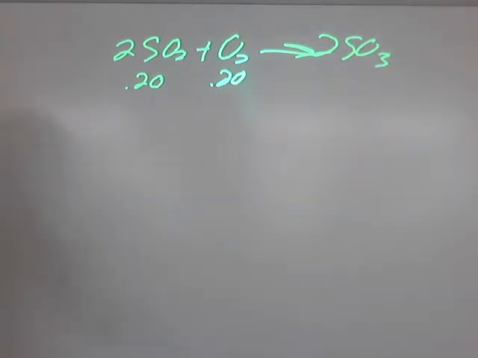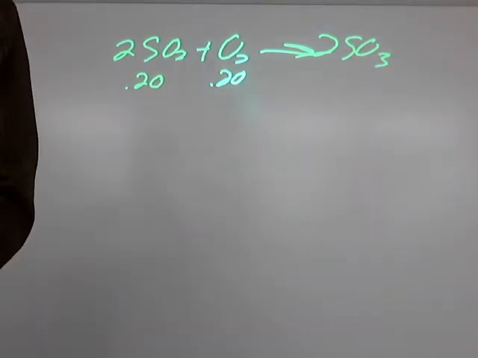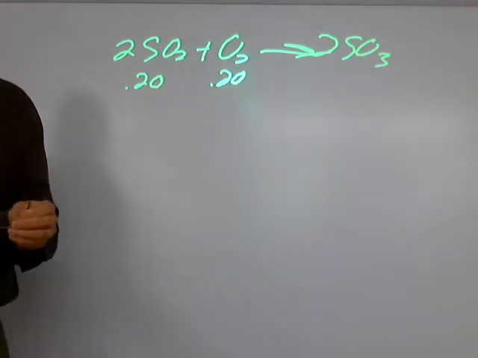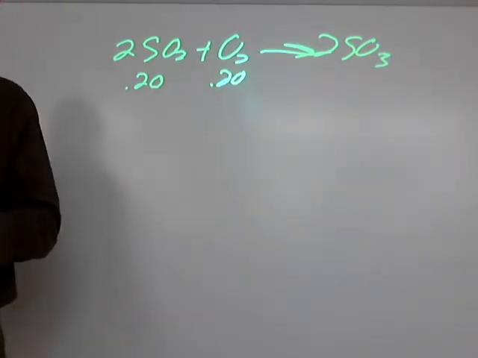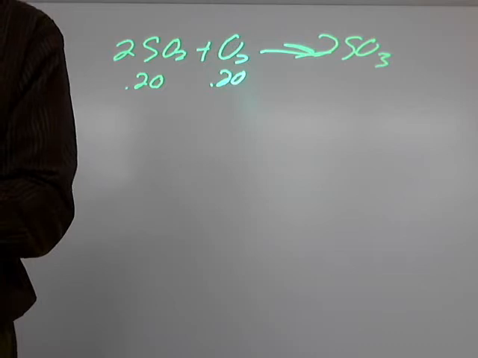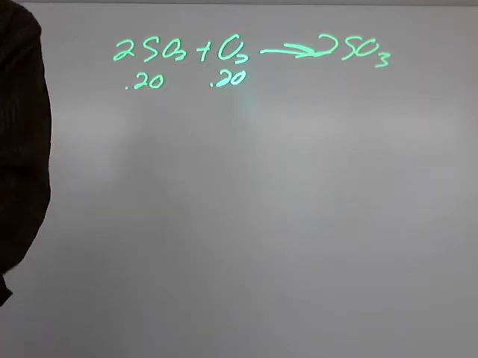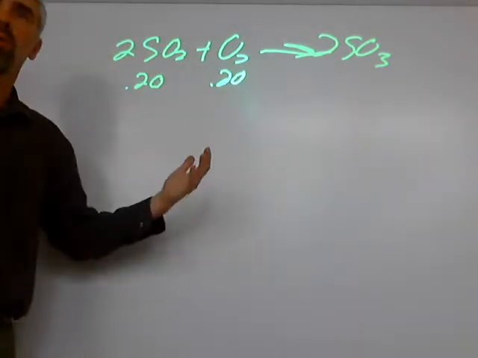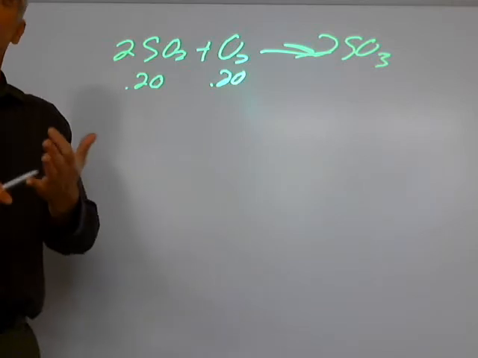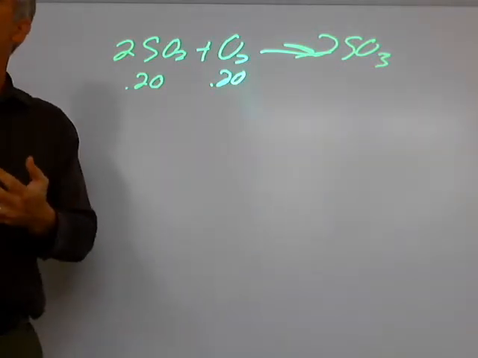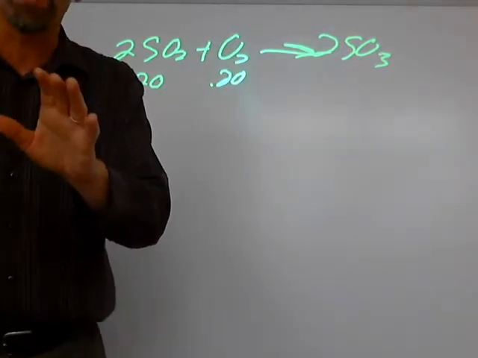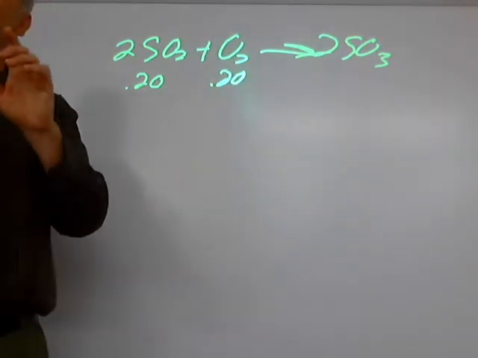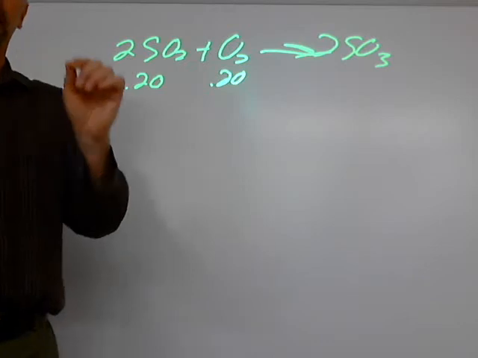Now, you can do everything right in this problem. I did it when I first did this problem, and I got it wrong because I forgot something. It's a classic example of how these are trick questions, and they really are. A question like this is trying to gauge your understanding of stoichiometry and limiting reactants. And you can get all of this right, but for one little thing at the end, and get the answer wrong.